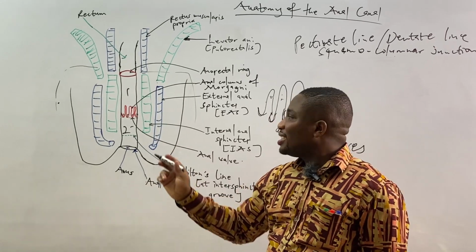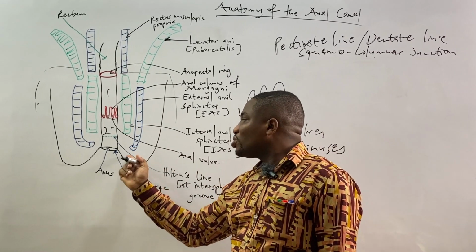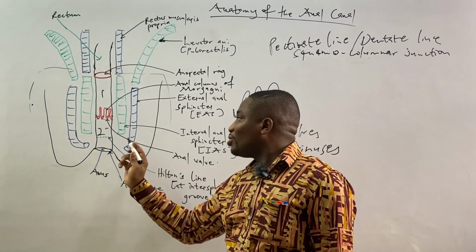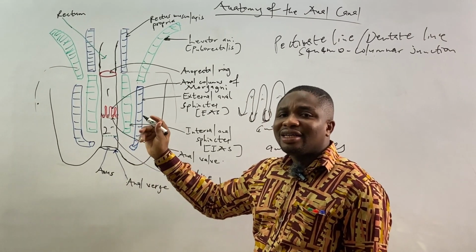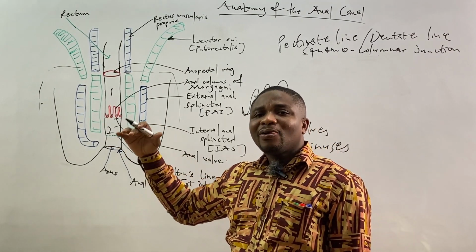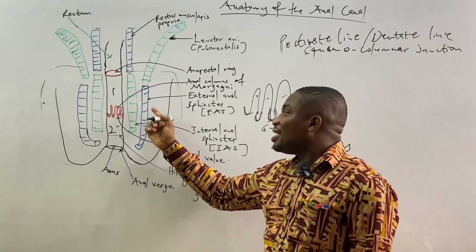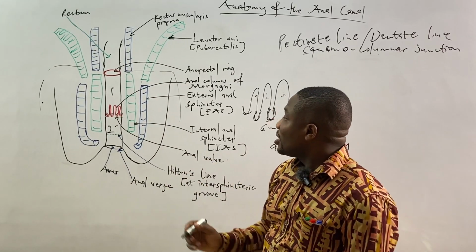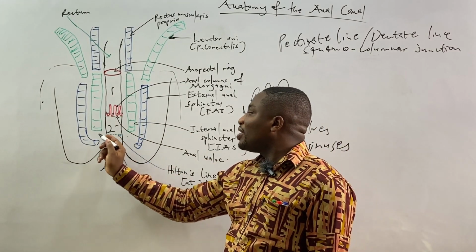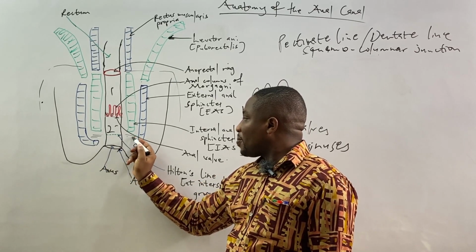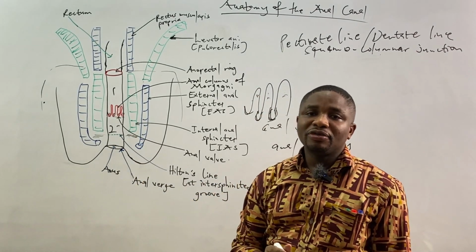The external anal sphincter goes down more than the internal anal sphincter. Likewise, the internal anal sphincter goes above the external anal sphincter. And between them, we have a groove. So this groove here is what we call the intersphincteric groove.